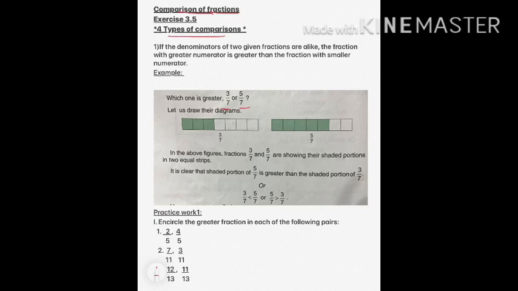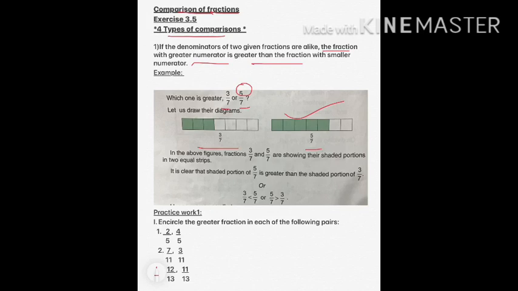The fraction with the greater numerator is the greater fraction. You can have a look at this example here. This is 3 upon 7 and this is 5 upon 7. With a look only you can see which is greater. Yes, this is greater.